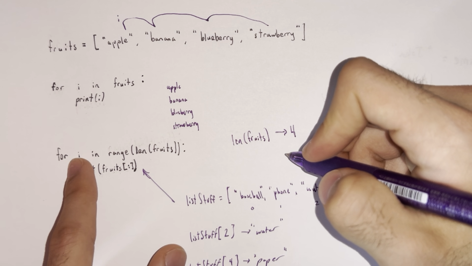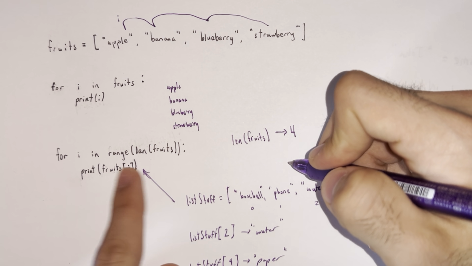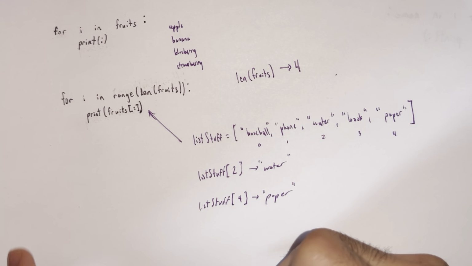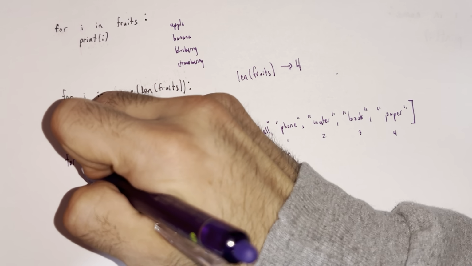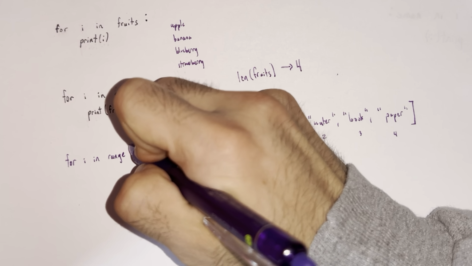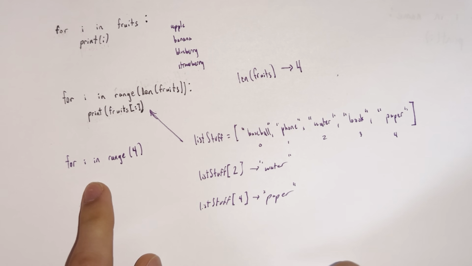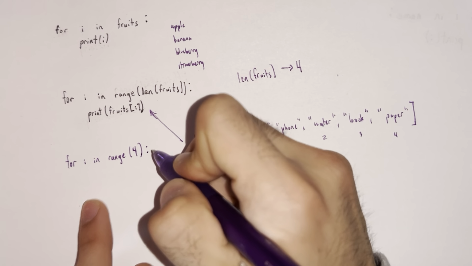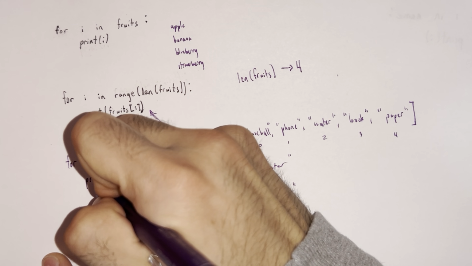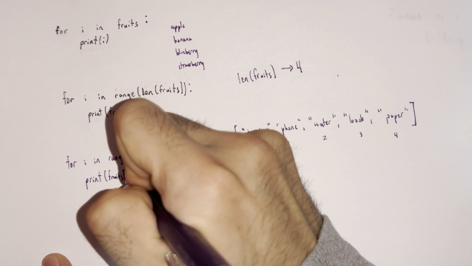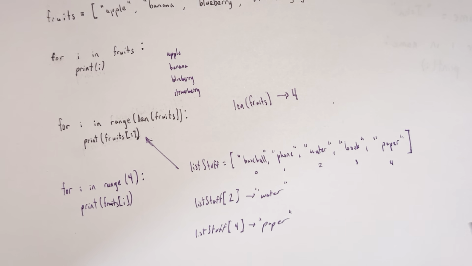So what for I in range len fruits is basically saying is, where should I write this? For I in range four. That's what it's basically saying. So I'll rewrite that down here so you can have a better idea. Okay.